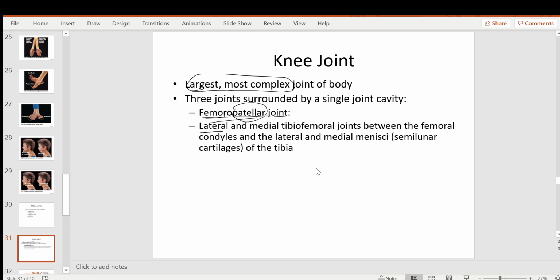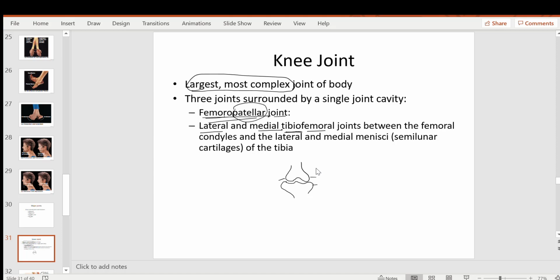And two other joints are lateral and medial tibiofemoral. That means between the tibia and femur. So if you see the lower end of the femur, it has two condyles. So these are condyles. And if you see the upper end of the tibia, also has two condyles.